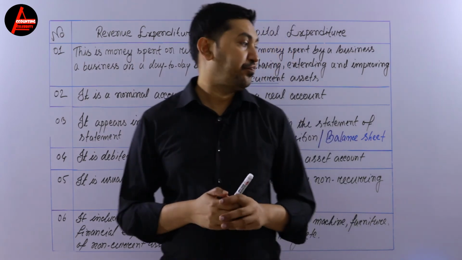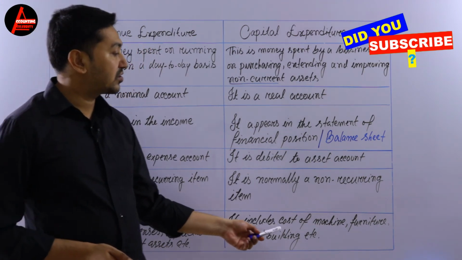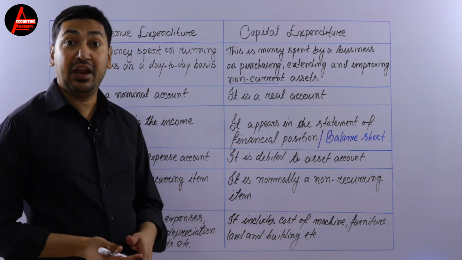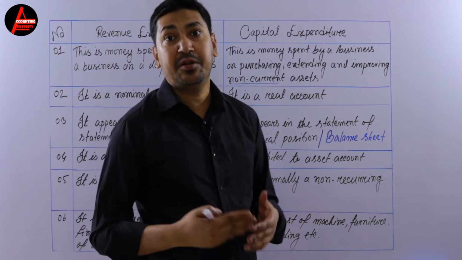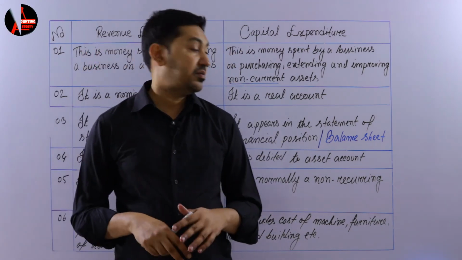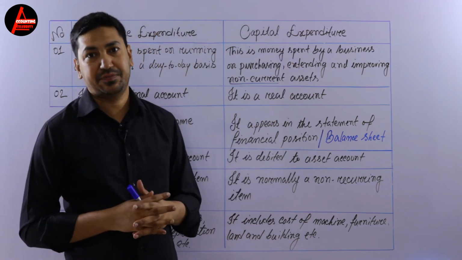Then capital expenditure includes the cost of machines, furniture, land and buildings, equipment, computers, motor vehicles, motor vans, properties, premises. All these items are included in capital expenditure.